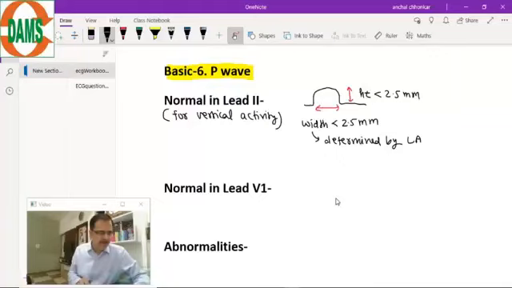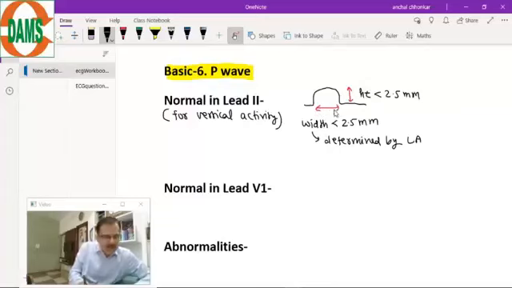All right. So normally in lead 2, which is for the vertical activity of the heart, now focus on the atria. The P wave is the atrial depolarization, and these are the dimensions.